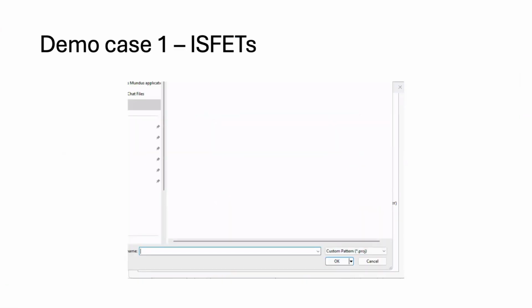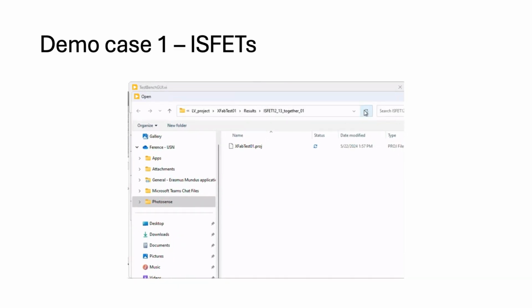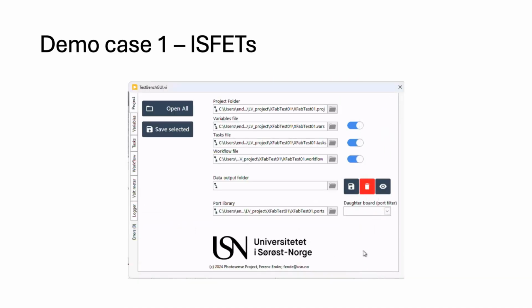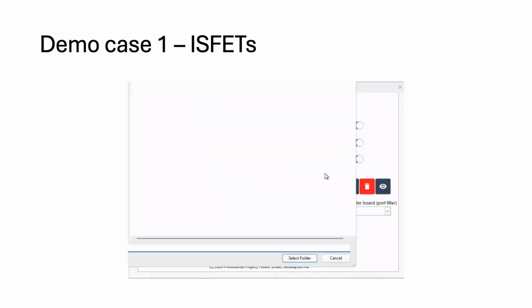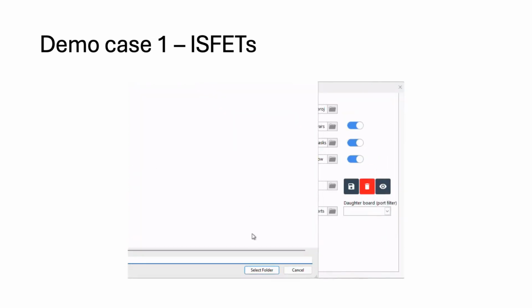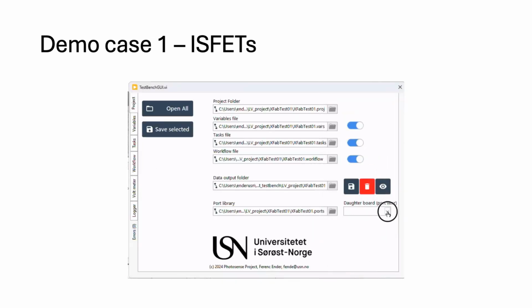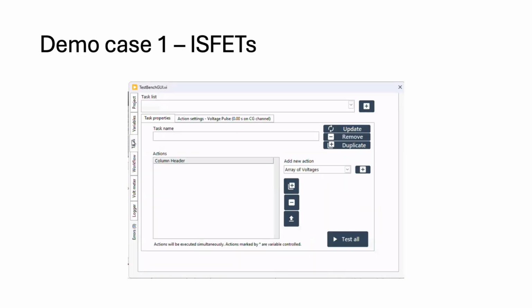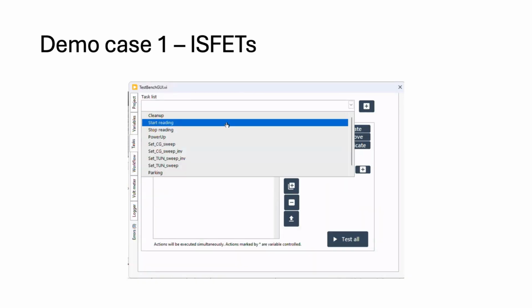So here you can open the project file which contains all the settings. Also, you can define a data output folder in which the measurement results are collected. You need to select the necessary daughter board, which is DB01 in this case. Then you open the project. Here you can set up the different variables. Here you can set up the different tasks.